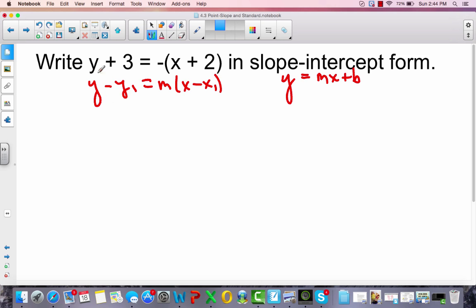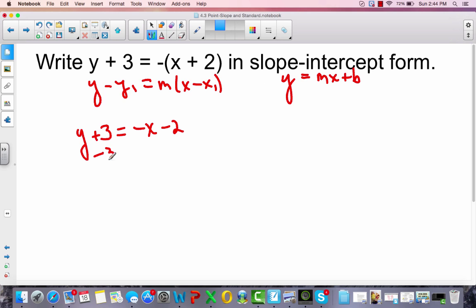So what we have to do is we have to go ahead and simplify this first by distributing this multiplication here. So we write y plus 3 equals negative 1 times x gives us negative x. Negative 1 times positive 2 gives us negative 2. Remember, we want it to say y equals. So that means we've got to get rid of this plus 3.